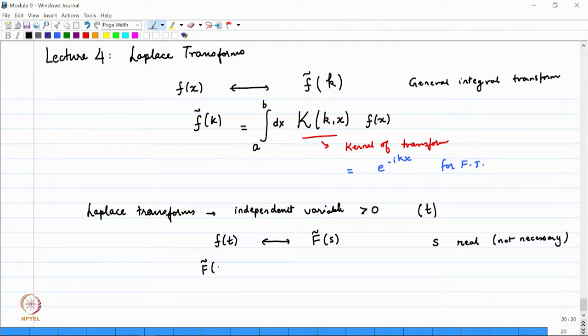So f tilde of s is equal to the integral from 0 to infinity, dt, f of t e to the minus s t. We are integrating over time of this function. The kernel in this case is just e to the minus s t, and the limits are from 0 to infinity.